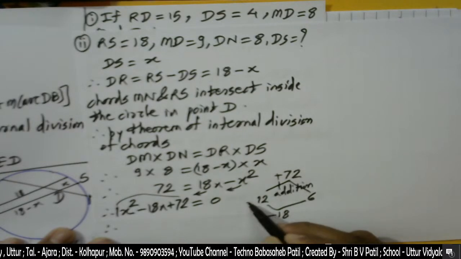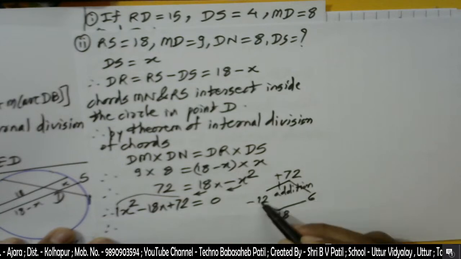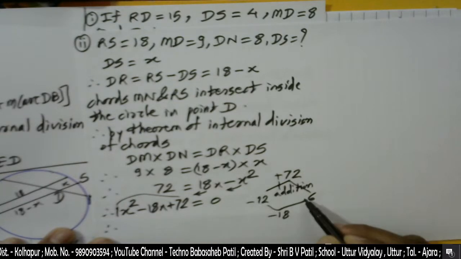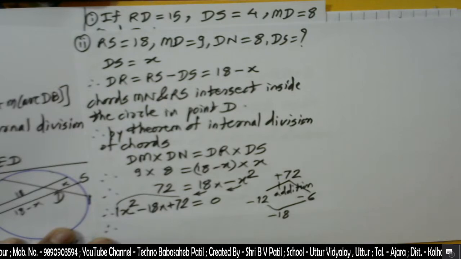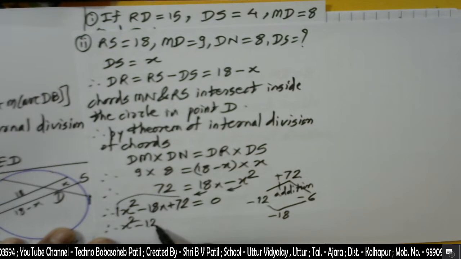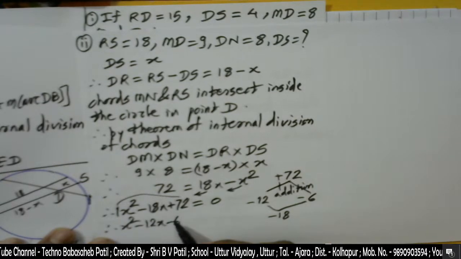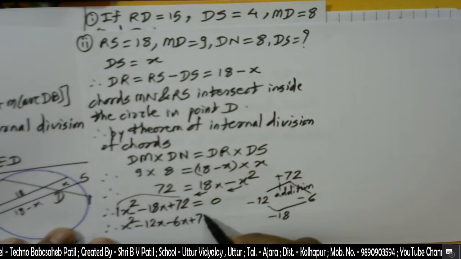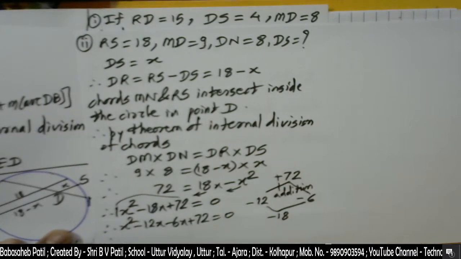Minus sign for the larger number, since for addition the signs are similar, therefore we write minus. That is x square minus 12x minus 6x plus 72 is equal to 0.